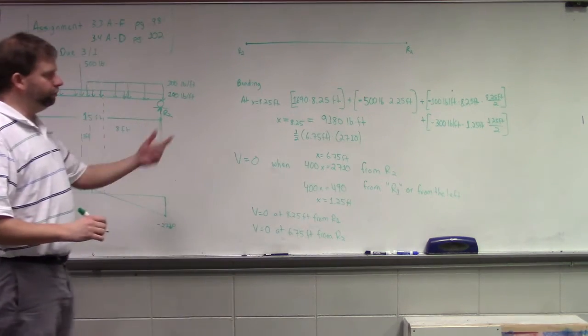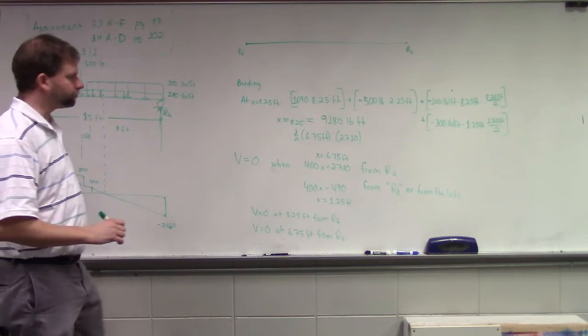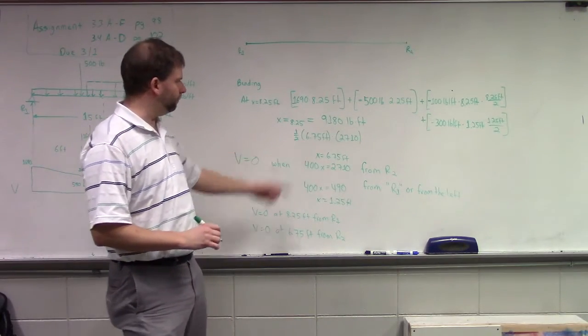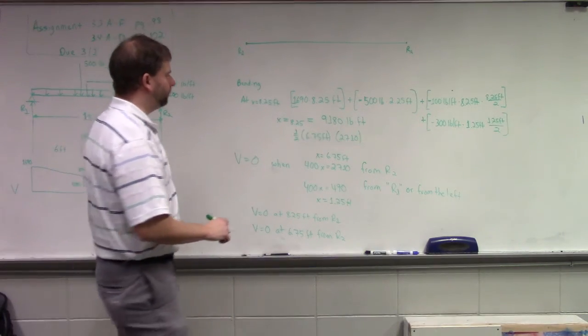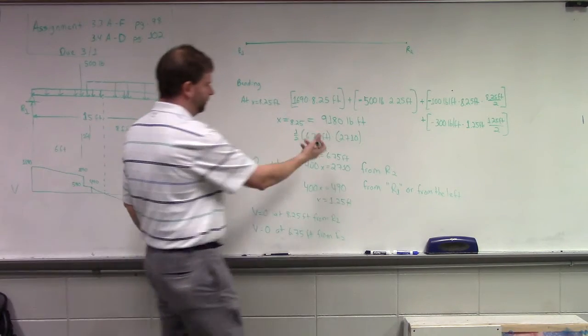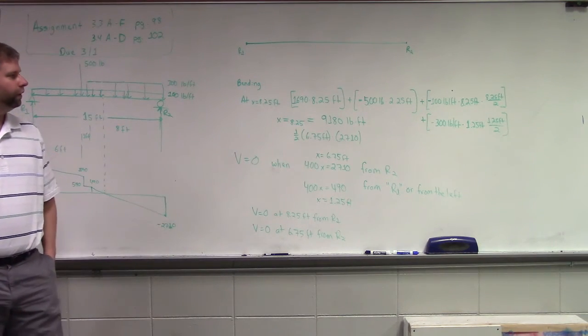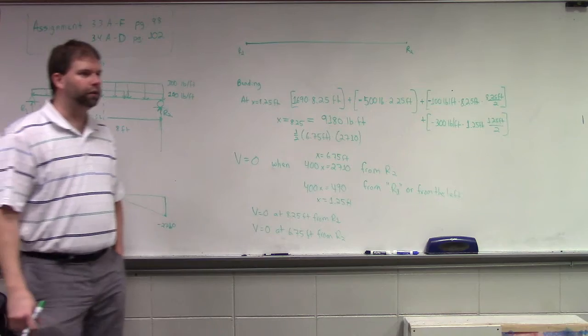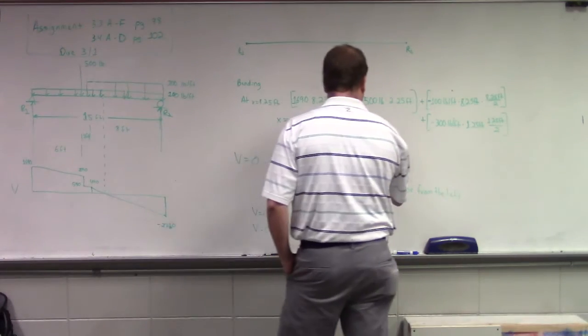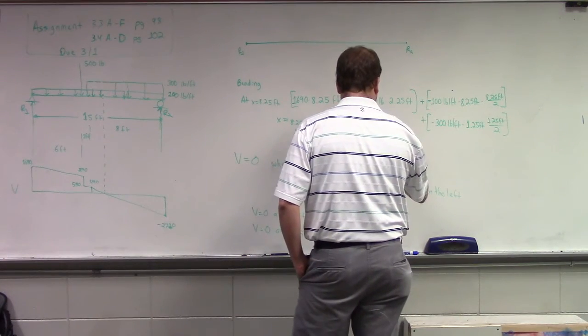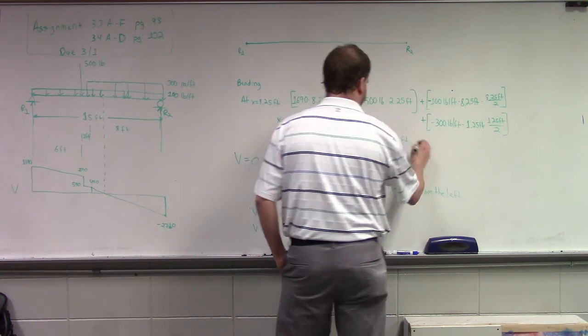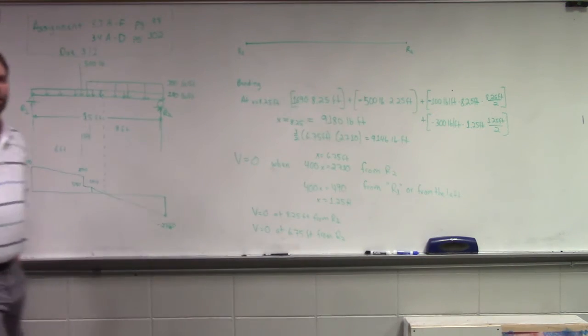Remember you gotta multiply that by half, so that becomes 1355. Times 6, it's gonna be pretty close. I got 9,146. It's just rounding, right? Yeah. 2.25. Alright.